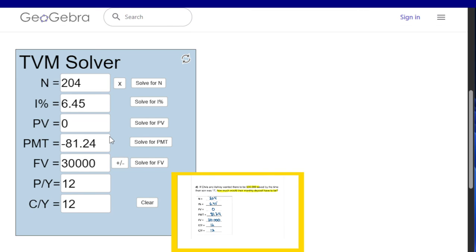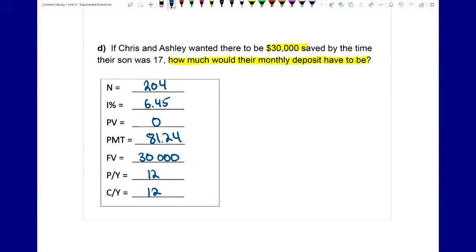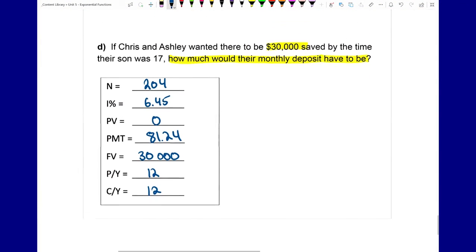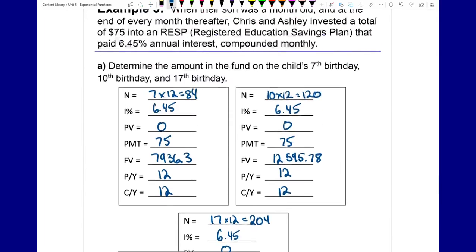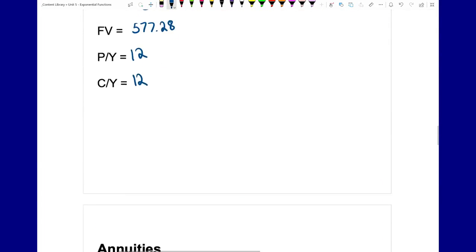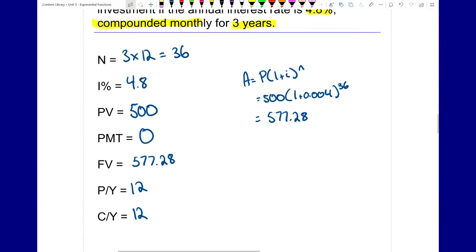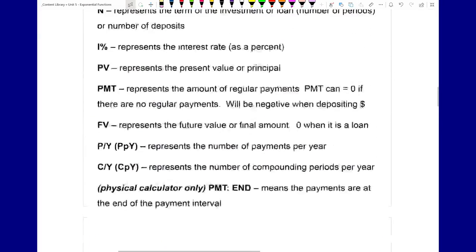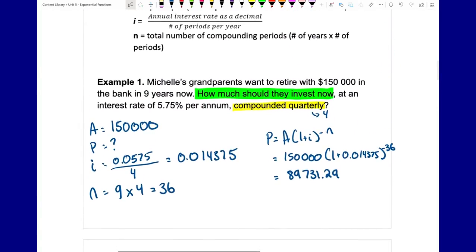So with the TVM solvers, it does make it a lot easier to do the calculations. It doesn't hurt to know how to do them by hand if we are doing some more simple compound interest questions, similar to what we started with and what we looked at last week.